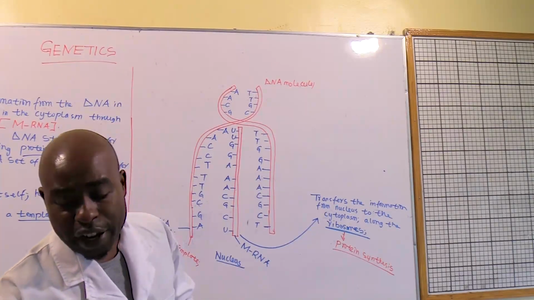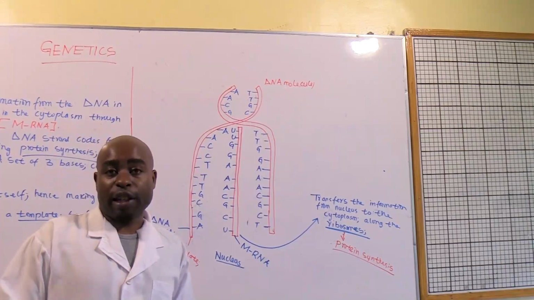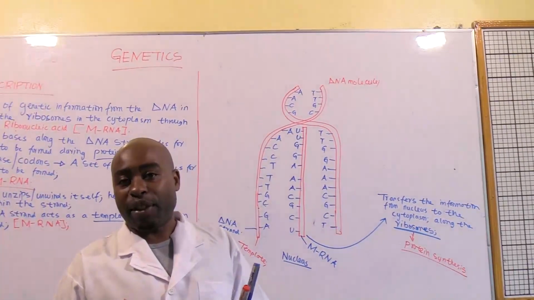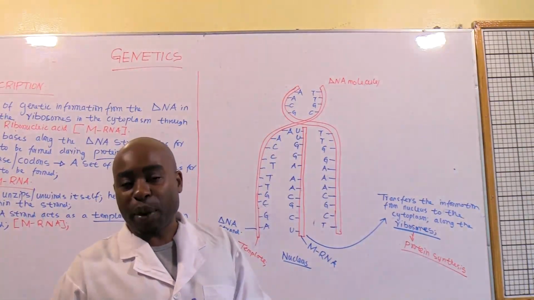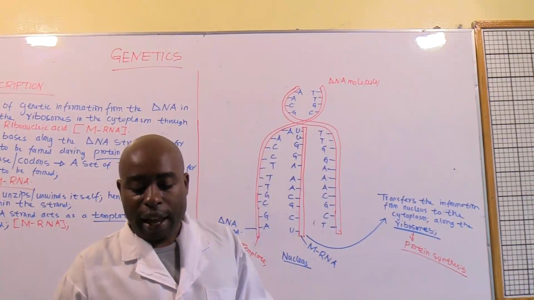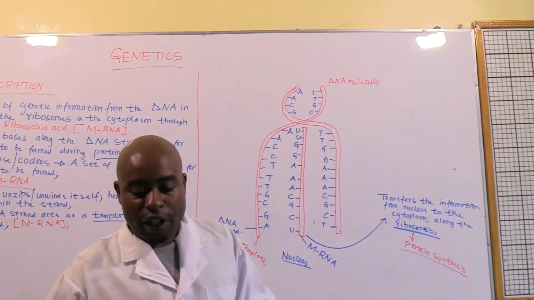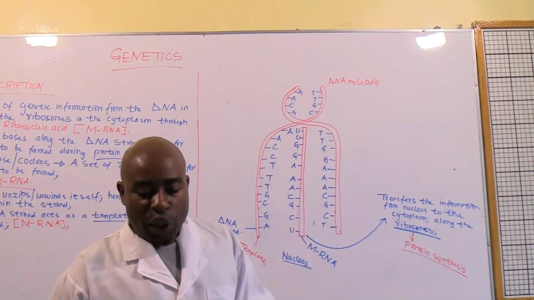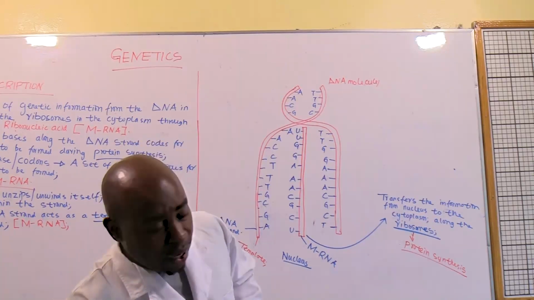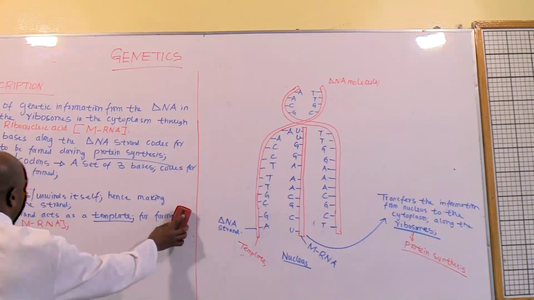Once the messenger RNA has left the nucleus with the information, transferred to the cytoplasm, and assembled the coded information along the ribosomes, now we shall be having another type of RNA known as the transfer RNA. This transfer RNA has a specific role.